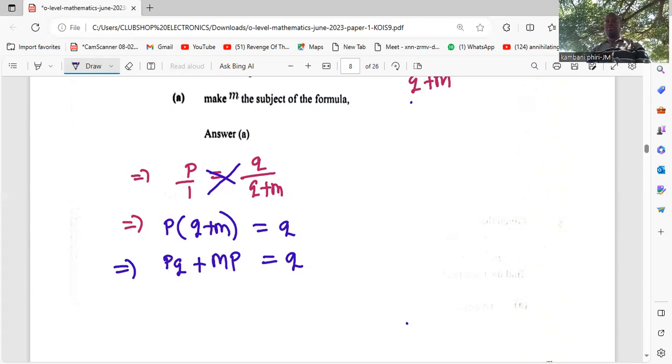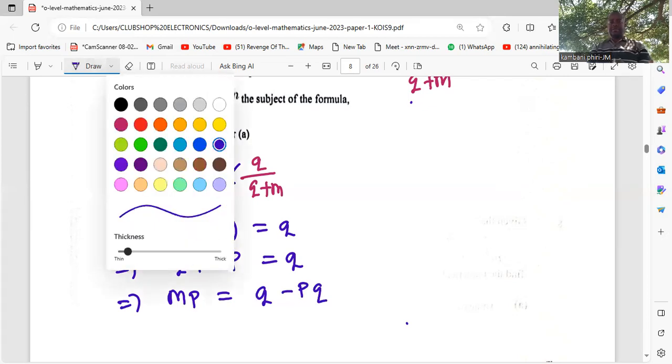That is a mathematical shortcut, just a way of making things easy, but the mathematical way is we introduce an additive inverse. Meaning therefore that we will remain with MP alone. This is equal to Q minus PQ, because this Q is positive and the PQ is taken to the other side as a negative.